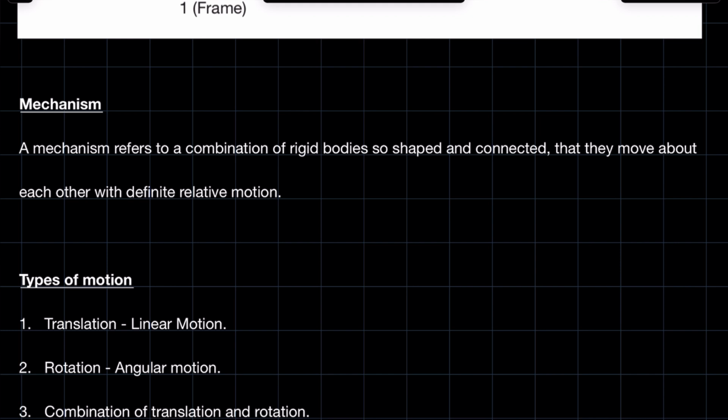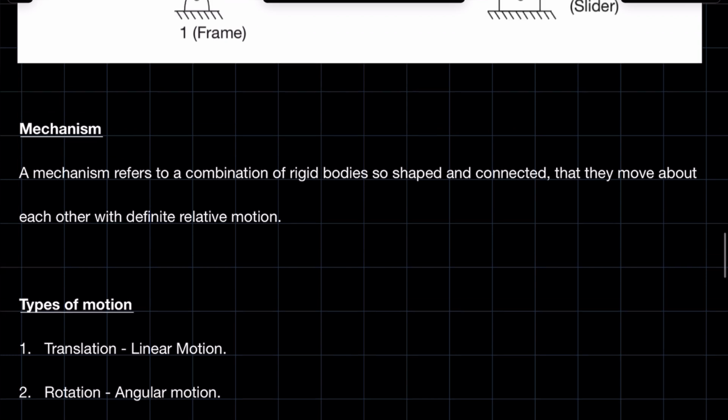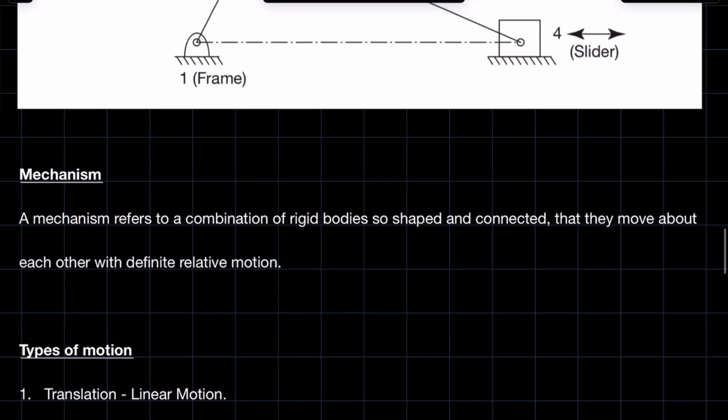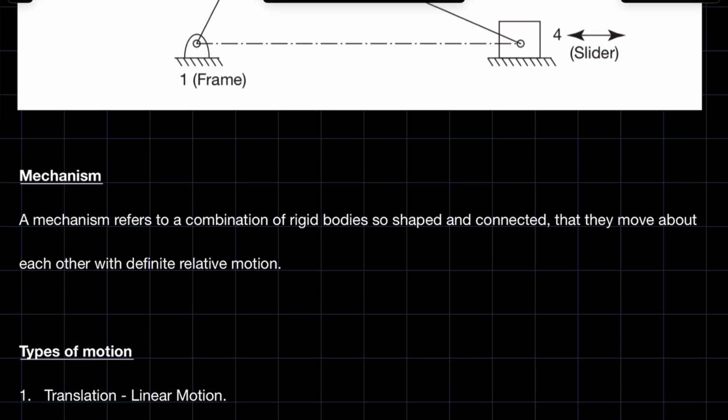It's very important that we know and understand the types of motion that we can expect under kinematics or under mechanisms, right? The reason for that is that a mechanism is essentially composed of components, right?